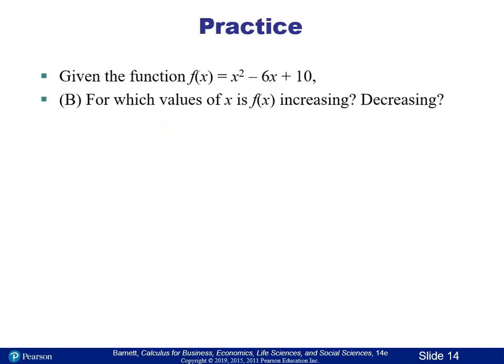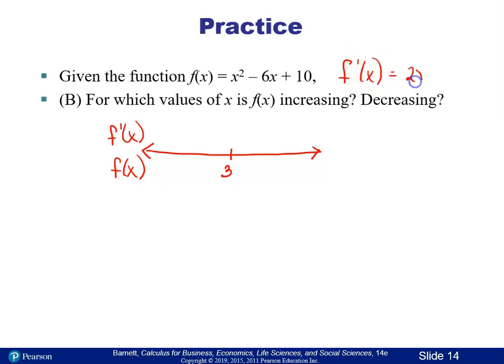As far as which values it is increasing or decreasing, that value of 3, which we call our critical number, is what is going to split up this sign chart. And so we're going to have our first derivative and what it's going to do to our original function. Our first derivative was equal to 2x minus 6. If I pick a number greater than 3, let's say 4, 2 times 4 is 8 minus 6.